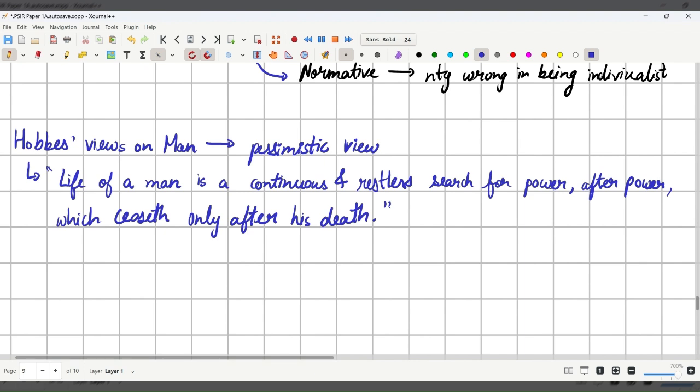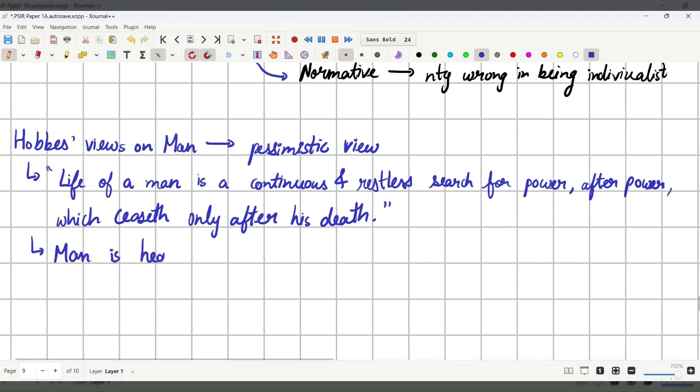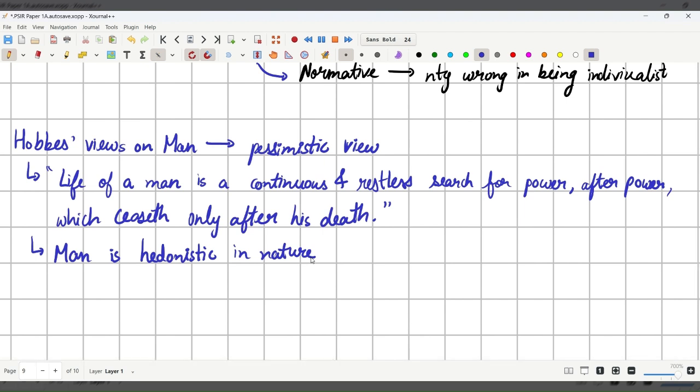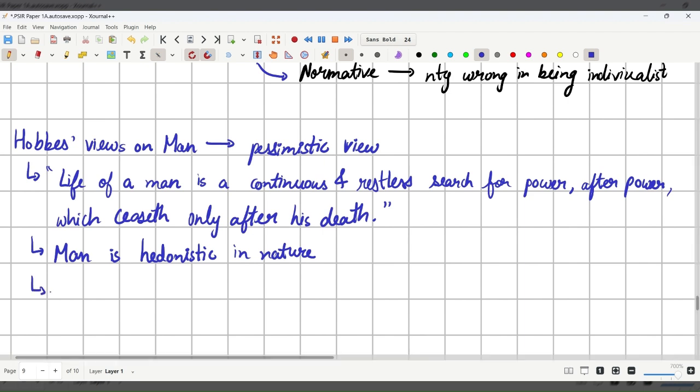So basically, man is always in continuous search of power, and that search ends only with his death. According to him, man is hedonistic in nature, which means that man is pleasure seeking, and he establishes this by the use of the RC method. Then he also thinks that man is a self-centered power seeker, egoistic.